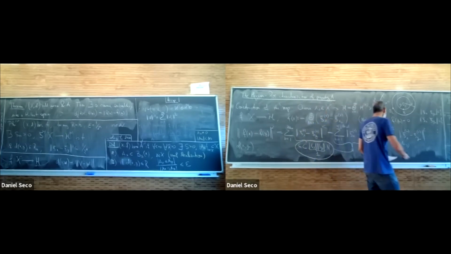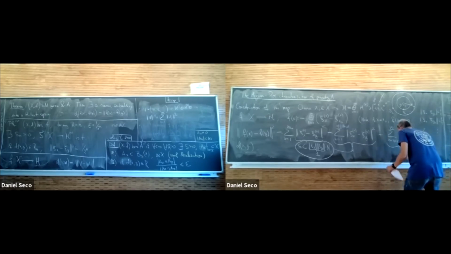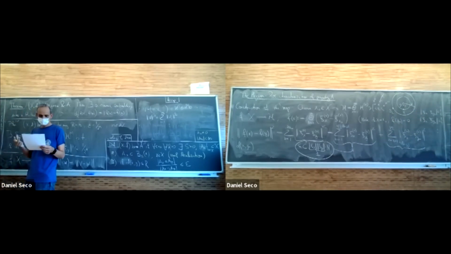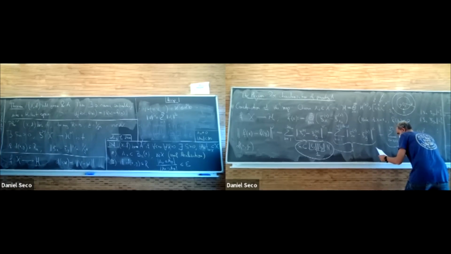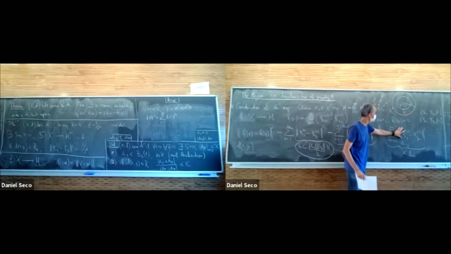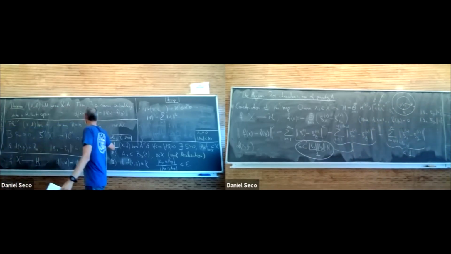And this guy here, well, in my estimate, it was 1/2 to the n, which sums up to, I think I can estimate this by, yeah, this is a converging sequence, because I chose this epsilon.